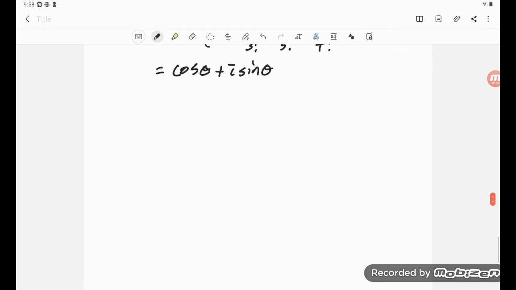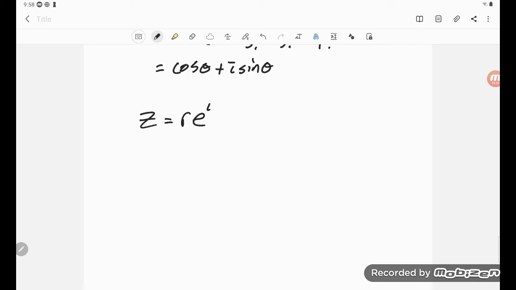So another way to represent z in polar form would be r e to the i theta. But that's the same as r times cosine theta plus i sine theta.